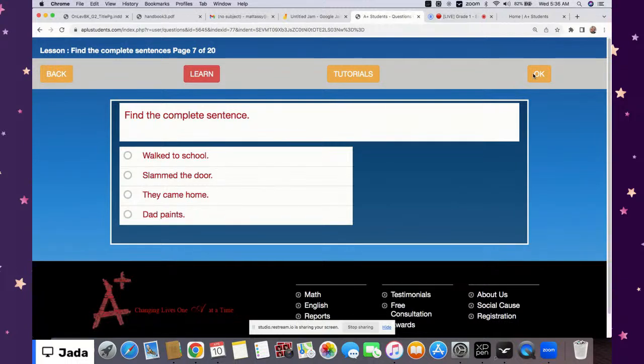Let me know on the chat box. Do you understand how to find the complete sentence now? Do you have a question? Yes or no? Tell me.